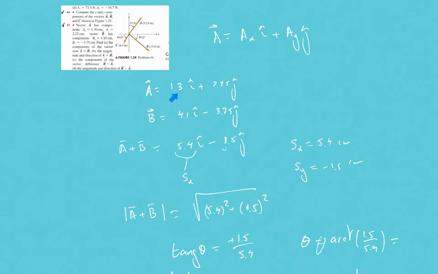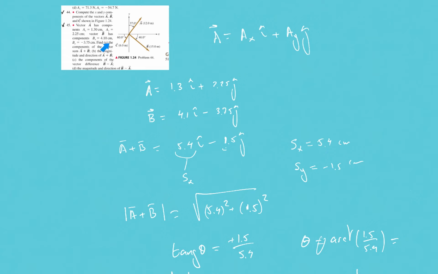So the vector A is 1.3 in the x direction and 2.25 in the y direction. And the vector B has 4.10 centimeters in the x direction, and By is minus 3.75.